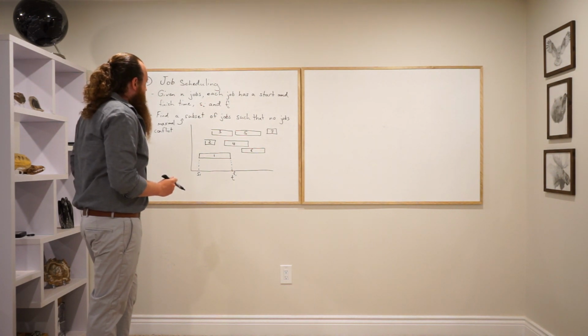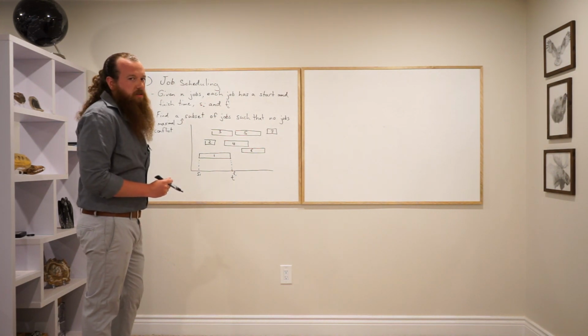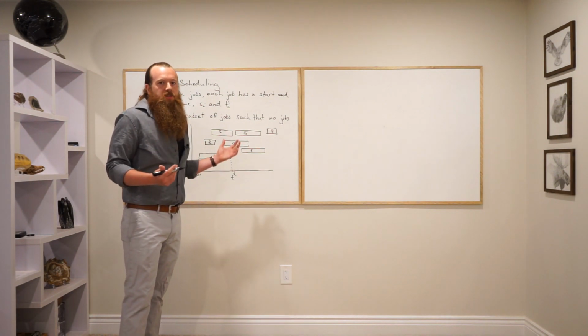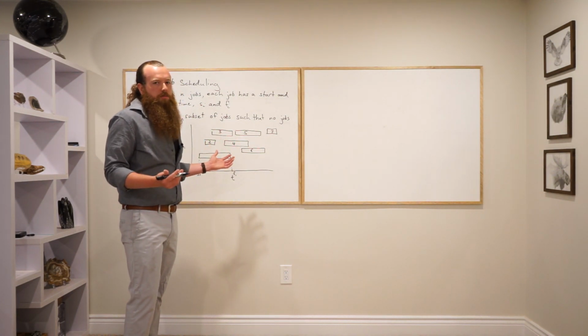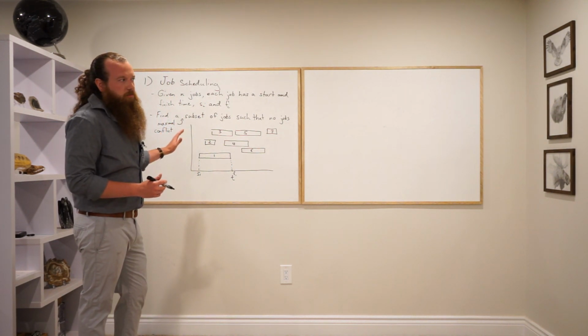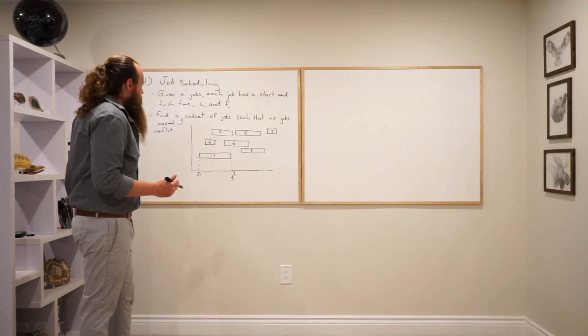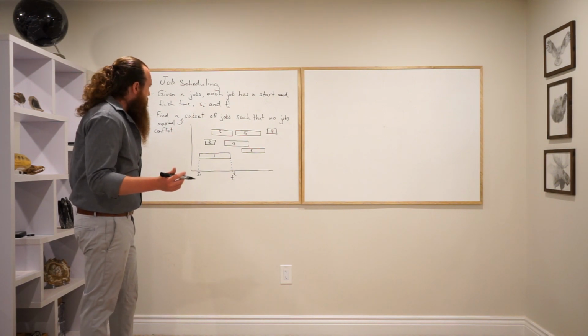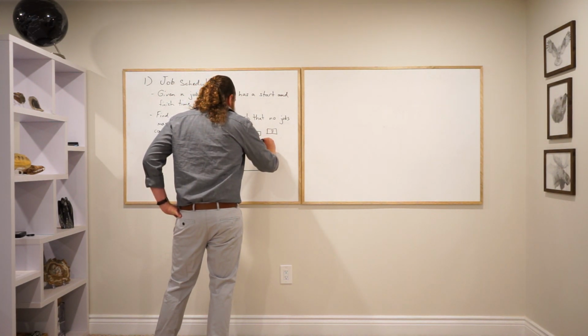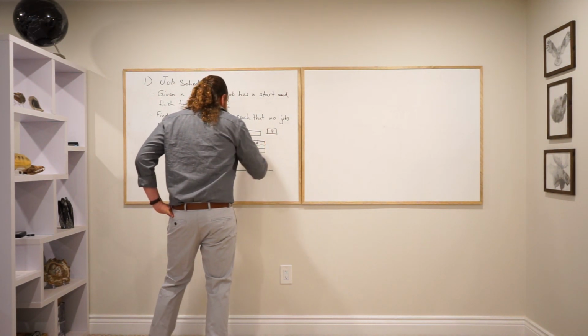And I want to find a maximal subset of these jobs. So what's the maximum size subset of these jobs such that no two jobs conflict? Now, the whole point of this was to show what it means for jobs to conflict with each other. Well, I'll tell you right now. Maybe I'll put in a bonus job here, job 8.